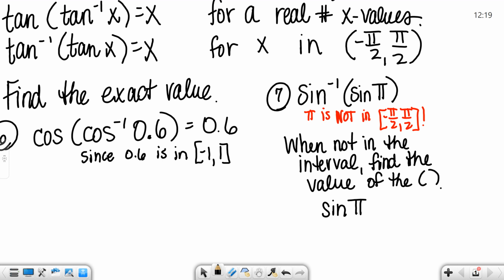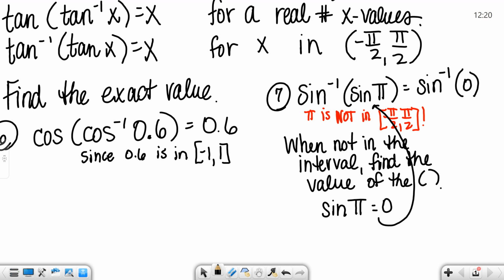So we literally go to the unit circle, go to the hand trick, go to that little table that I gave you at the very beginning of this lesson for sine at pi. So what is the sine of pi? Well, the sine of pi is 0. Awesome. Now we're going to go back up to the original problem, and where it says sine of pi, we're going to put 0. So we're actually doing the inverse sine of 0.